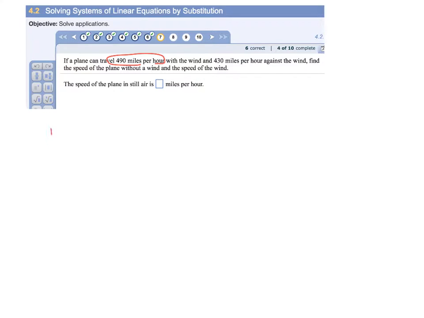Well, that's the plane speed plus the wind speed, and that equals 490. In the same way, what's that 430 miles an hour? Well, that 430 miles an hour is the plane speed minus the wind speed, because the wind is pushing against the plane and makes it go slower. So now it's only 430 miles per hour.